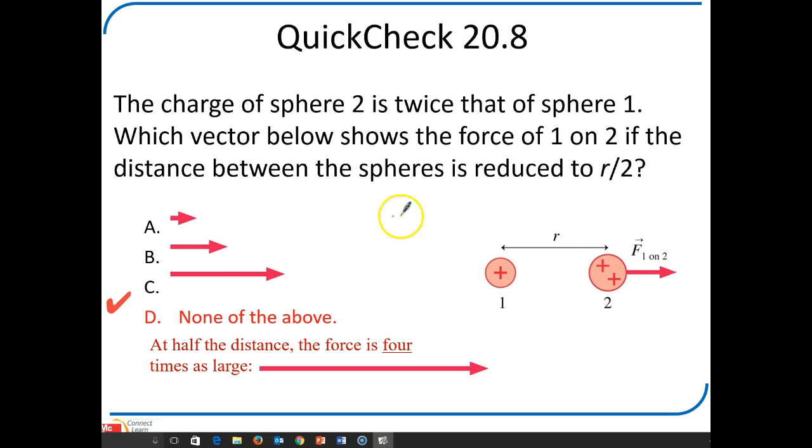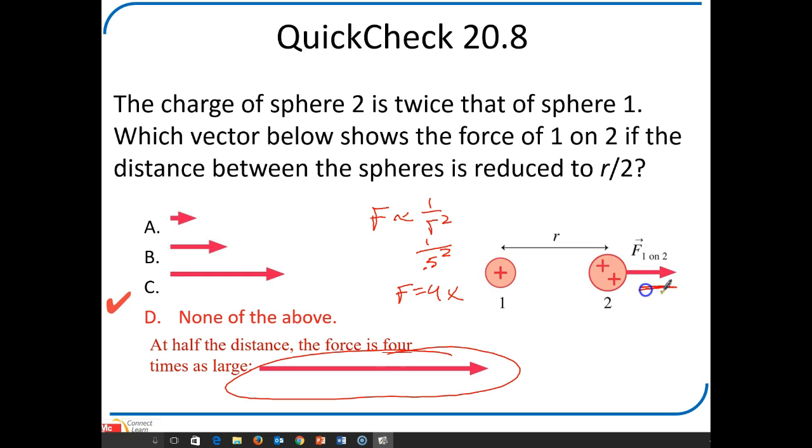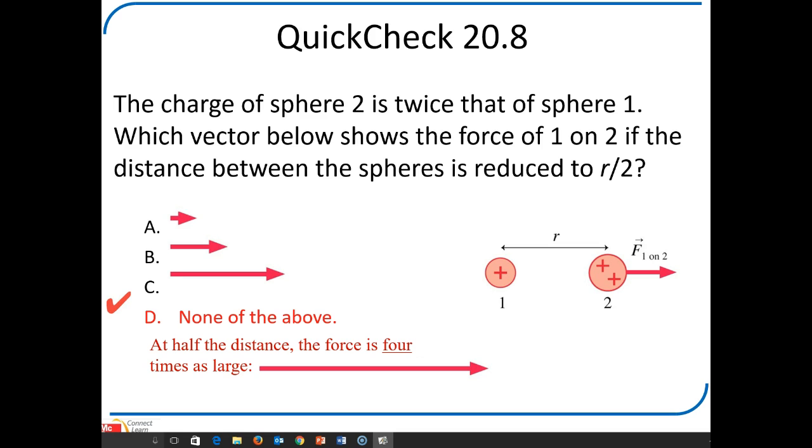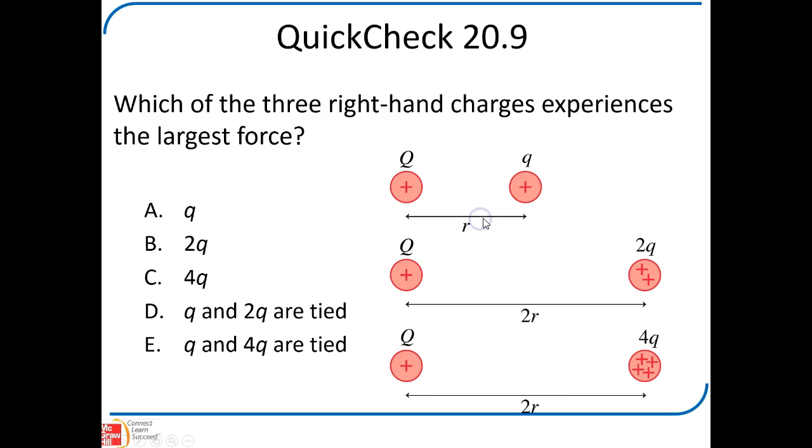And if you remember, when you get closer, F is proportional to 1 over r squared. So if I halve the distance, if I do 0.5 squared and do 1 over that, that force will be 4 times bigger. And so I would need an arrow that's 4 times larger than this one. So none of the above is the answer on that one. That was 20.8. Quick check.